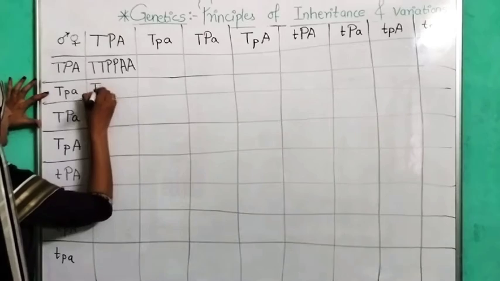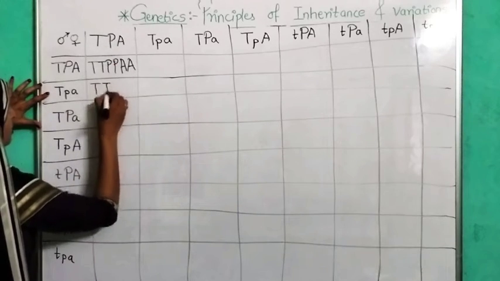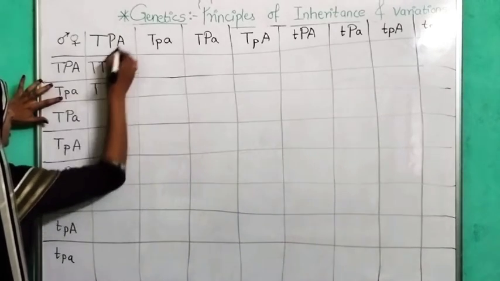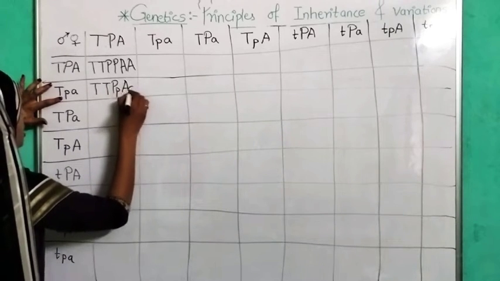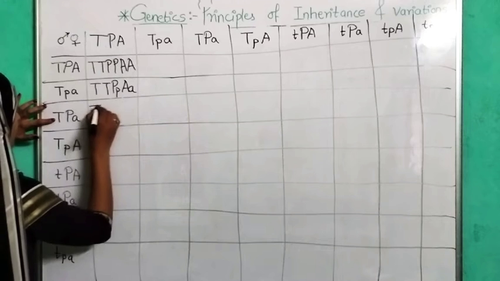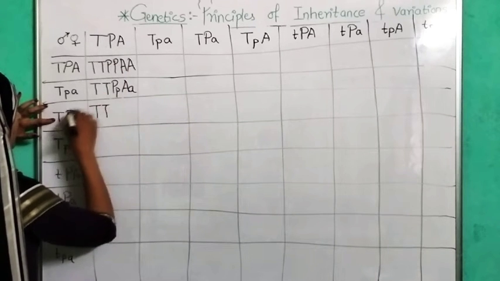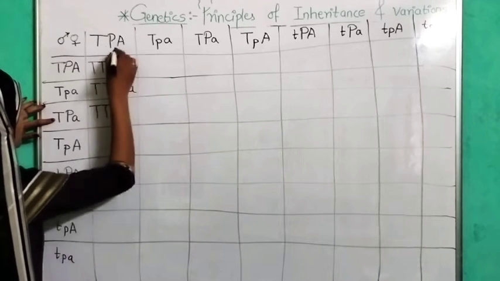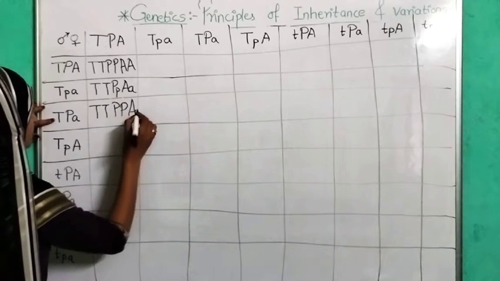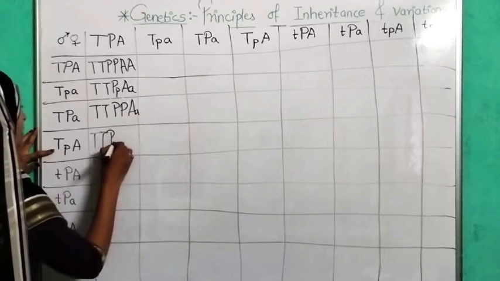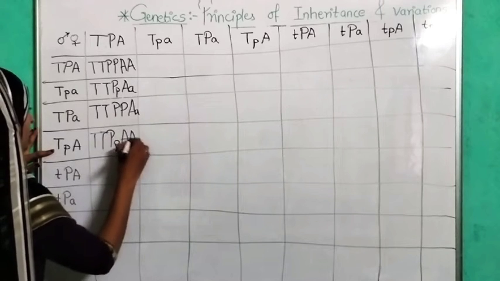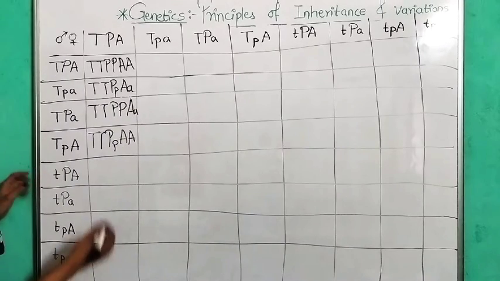Then capital T capital T, capital P small p, capital A small a; capital T capital T, capital P capital P, capital A small a; capital T capital T, capital P small p, capital A capital A. Such as we are going to solve it.